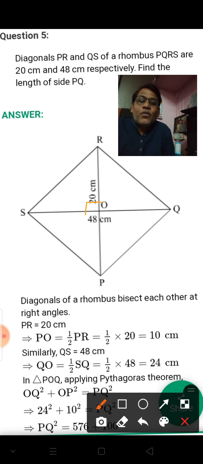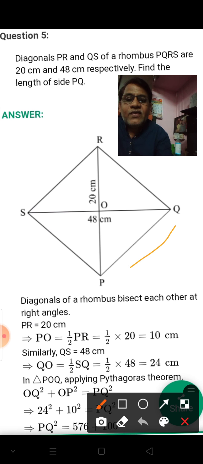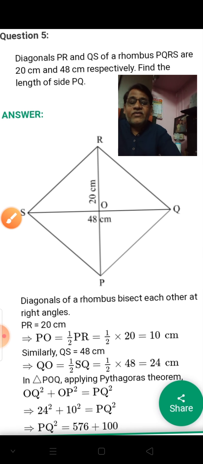When we use the Pythagoras theorem, OQ square plus OP square is equal to PQ square.